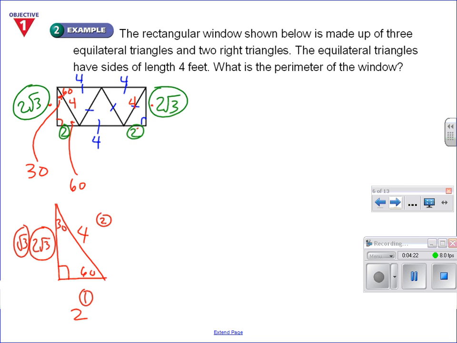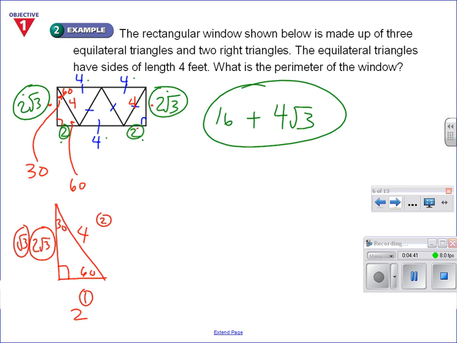So I got 4, 4, 4, 2, 2. So 12 and 2, I got 16. And then I've got 2 square root of 3 on each side. 2 square root of 3 plus 2 square root of 3 is 4 times the square root of 3. Those are like terms. I can do that. And if you wanted to put that in decimal form, you'd come up with about 22.9 feet.